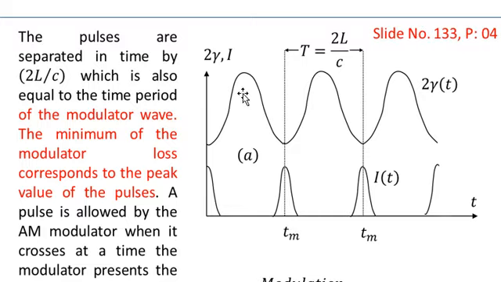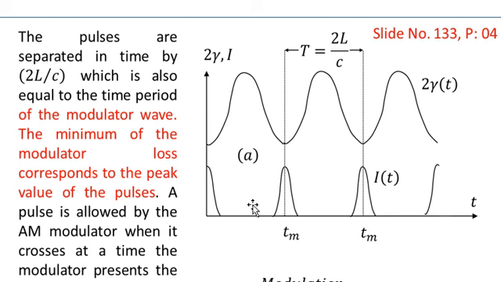You see that it has minimum values and maximum values. When the 2 gamma function has a maximum value, it means that the loss of the cavity is set to the maximum value. Under that condition, the output will be zero.